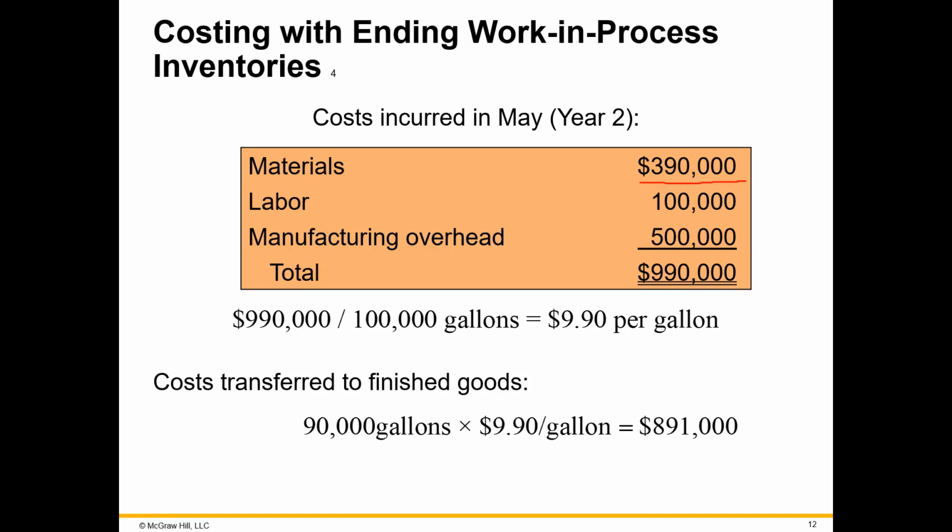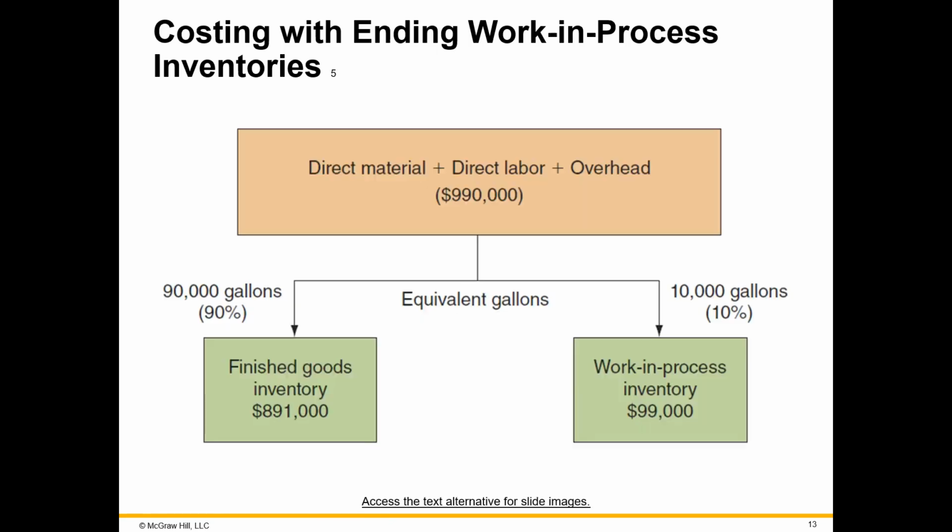So when we take the total cost and we divide that by the 100,000 equivalent gallons, our cost is $9.90 per gallon instead of $10 per gallon from the prior month. And so how do we allocate these costs? Well, for finished goods, we know that we finished 90,000 gallons. So 90,000 times $9.90 is going to give us $891,000.